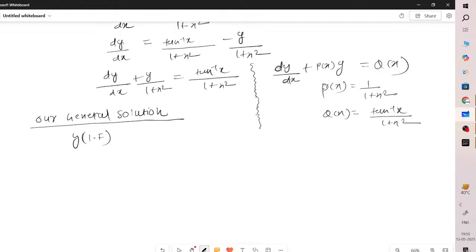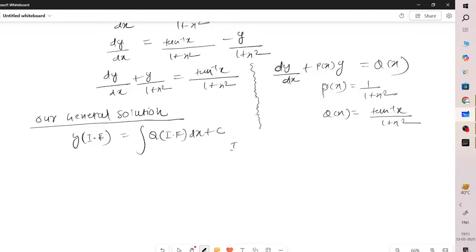I am writing just a standard equation and then we start solving it. And what is the integrating factor?